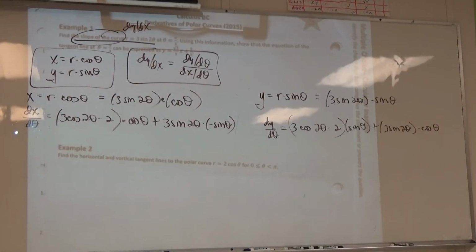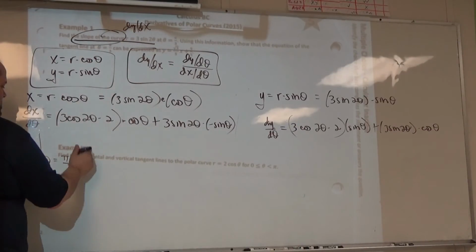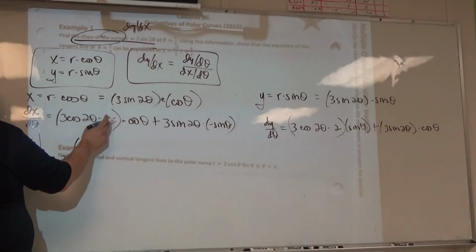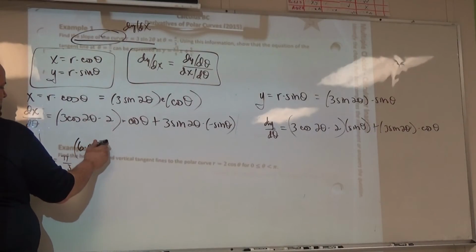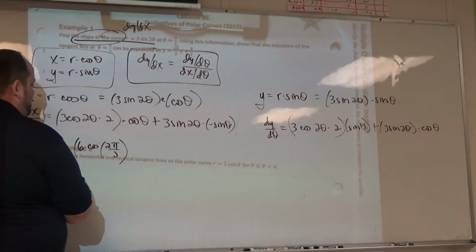Now the problem is, we're not done. Plug it in. You actually have to go through and find the slope of the tangent line at pi over 3. And it's calculator inactive. Okay, 3 cosine 2 theta times 2, that's really 6 cosine of 2 pi over 3.